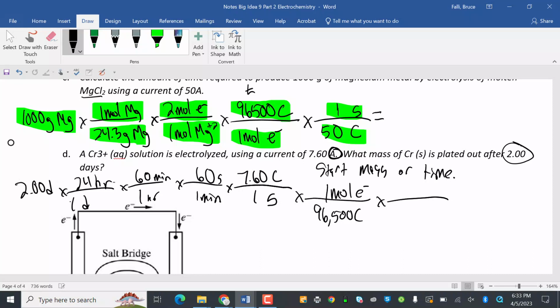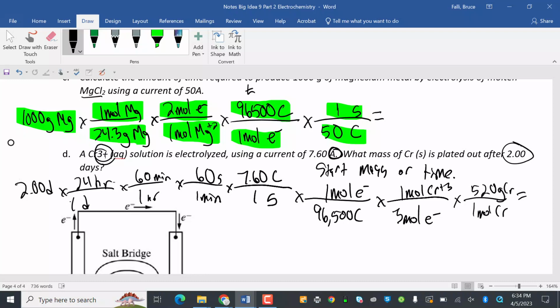And then I have to know that there are 3 moles of electrons and 1 mole of chromium plus 3. And then it says what mass, right? What mass? 1 mole of chromium is 52.0 grams of chromium. And I do the math.